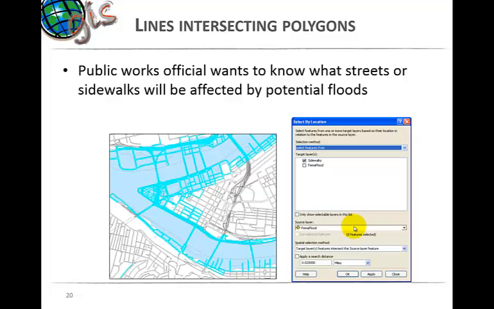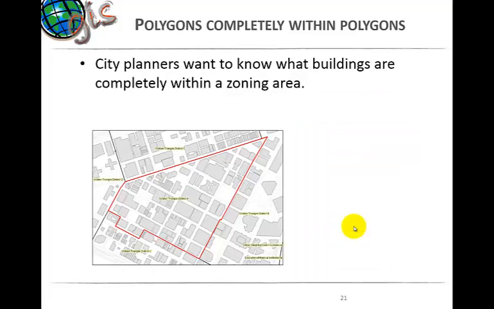It's up to you. It's up to what you come up with as a policy for that. And then as you can see, roads and sidewalks will be affected if there was a flood. So you can use that information to come up with alternative plans and routes and stuff.